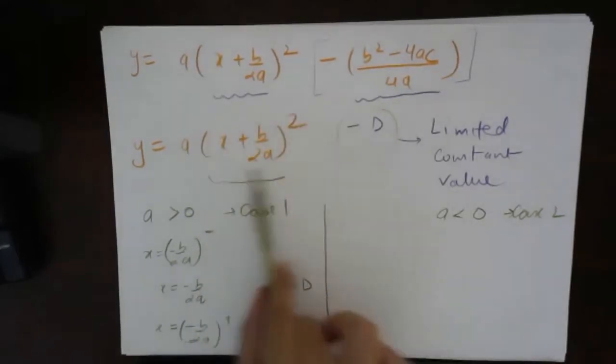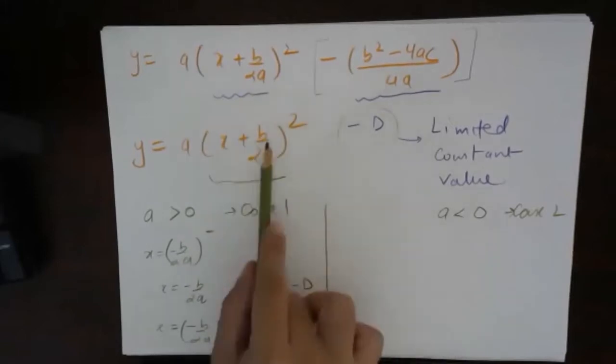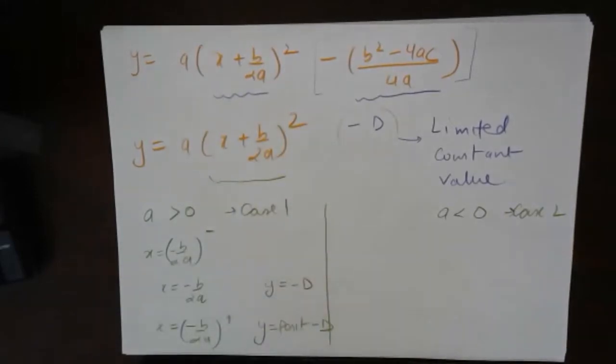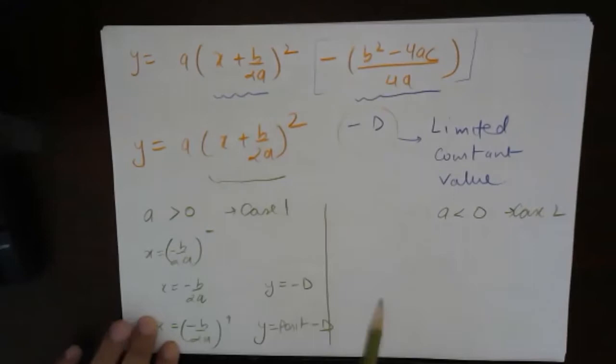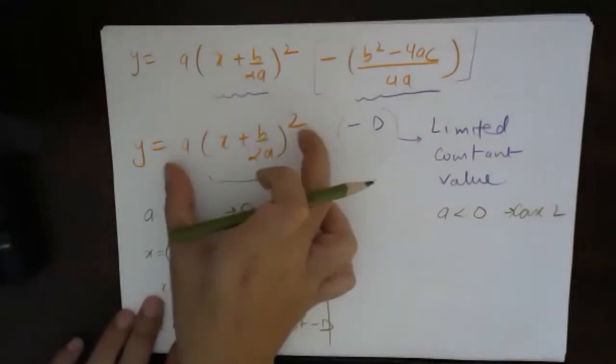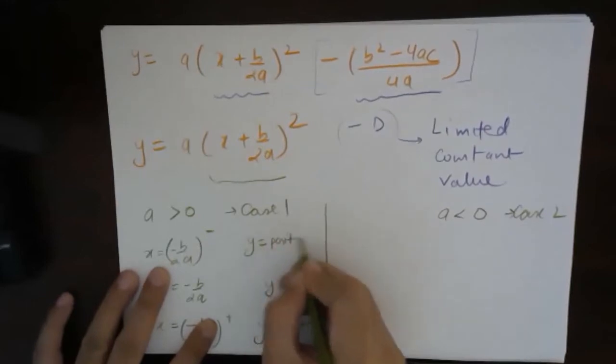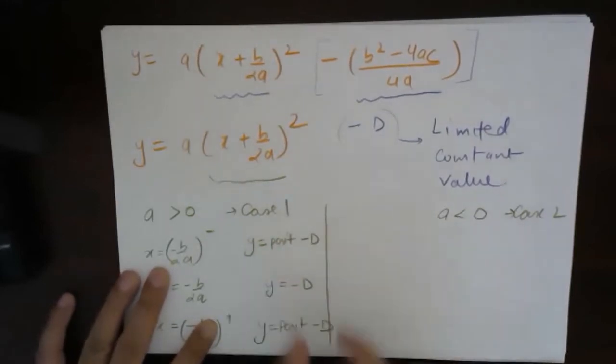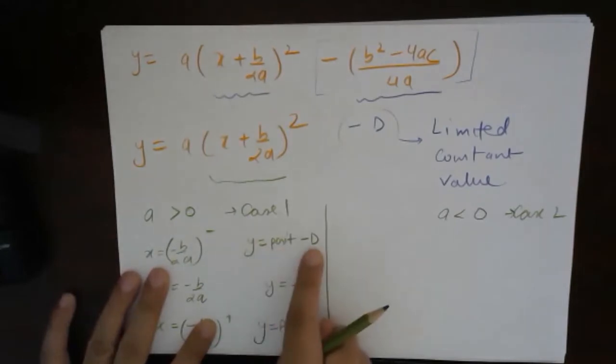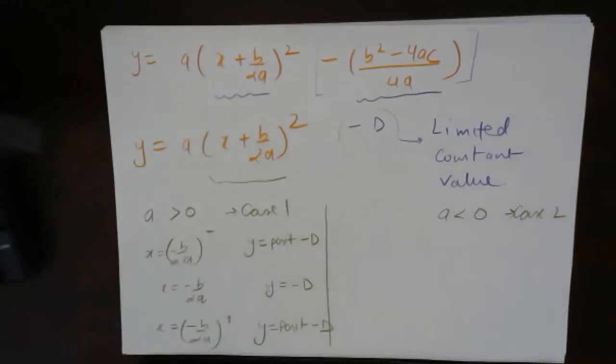Why? Because there is a square. This overall will be positive into a positive, into a, which is again positive. So y will become something positive minus d. So which will be greater? Obviously this part will be greater, because something is added to a particular value.